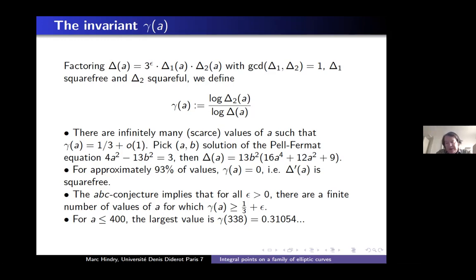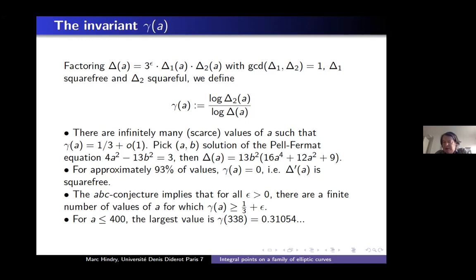Now this gamma A is very often 0 because there's lots of square free values, approximately 93%. That's statistical, and there's a very reasonable conjecture which would imply this, but it's not a theorem that the proportion is 93%. Now, the ABC conjecture, if you believe in it, will imply that essentially gamma A is smaller than 1/3.